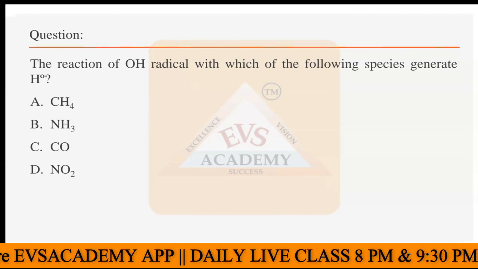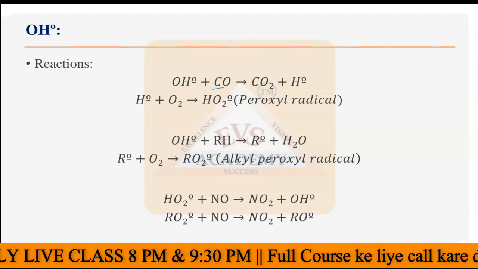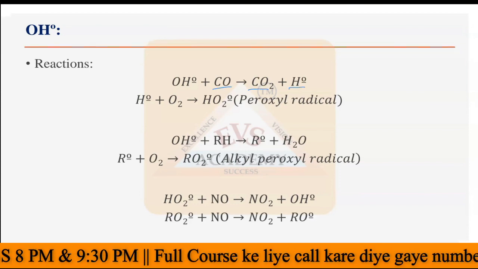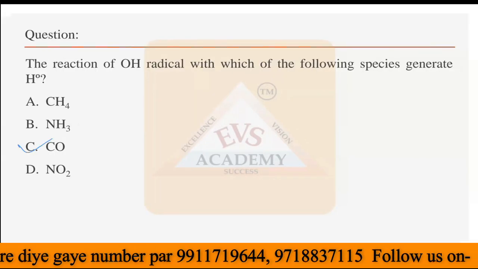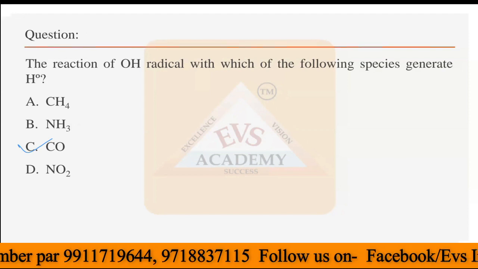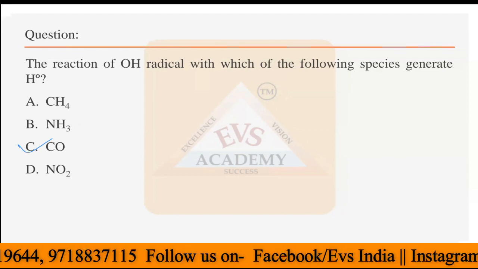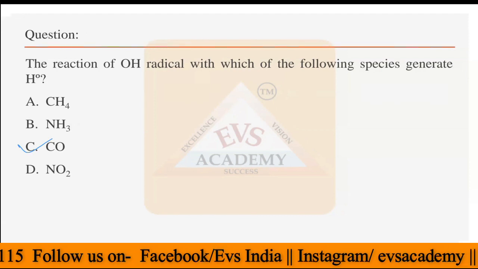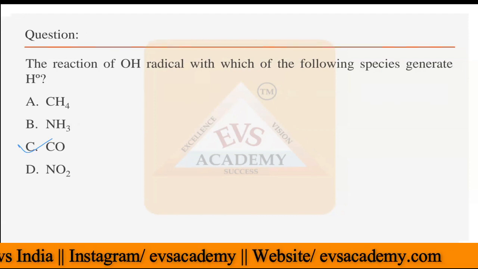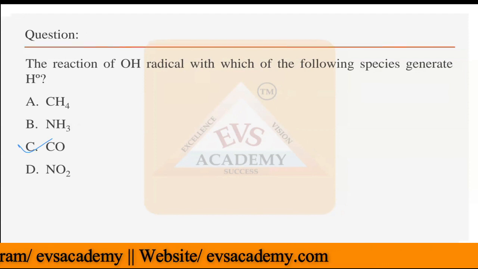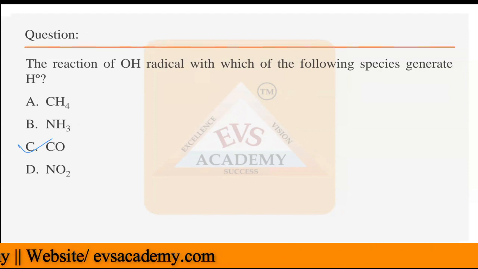The answer here is definitely CO. Here you can see that the OH radical is reacting with the CO and creating CO2 and H radical. So if you remember these equations, then only you can solve such a question. So the answer here is CO, not CH4, not NO3, not NO2. If it reacts with the CH4, it will create CH3 radical, and we don't want that. We want the H radical. So H radical can be created only when it reacts with the carbon monoxide. So I hope it is clear to you.